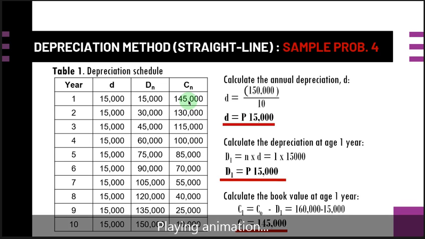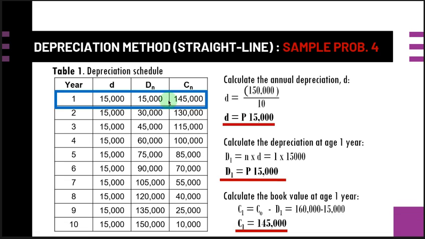I'm just going to highlight these values during the first year. Our small d is 15,000, which is here. Our total depreciation denoted by D sub n, since we are considering the first year, is D sub 1, so we have 15,000 pesos here.